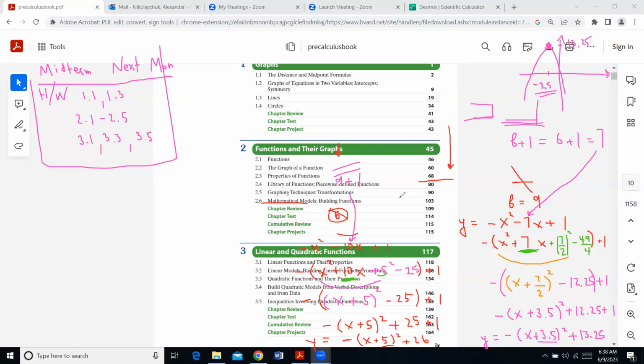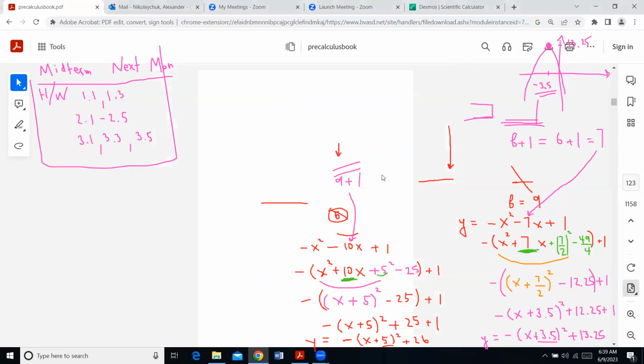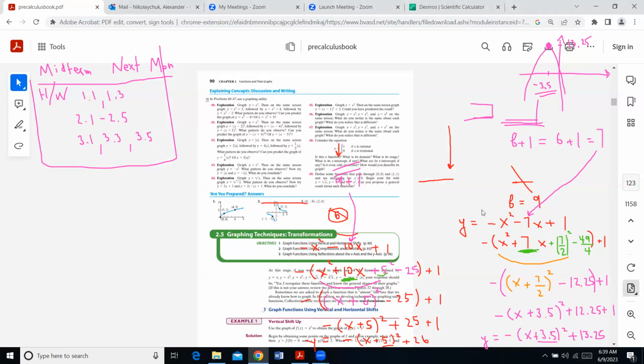So anyways, let's talk about the second exercise for this coming midterm that I selected from section 2.5. So that's where we used to move those graphs around, so-called transformations for the graphs.